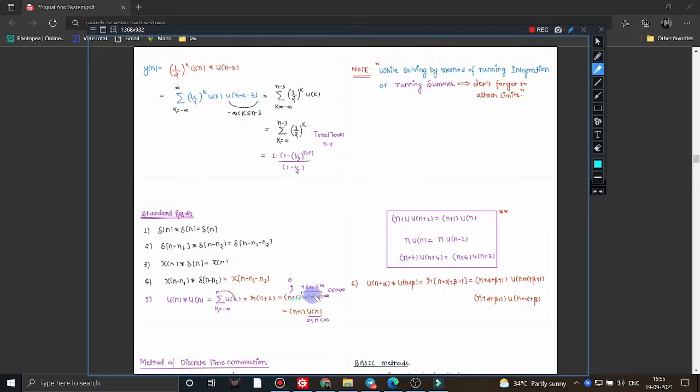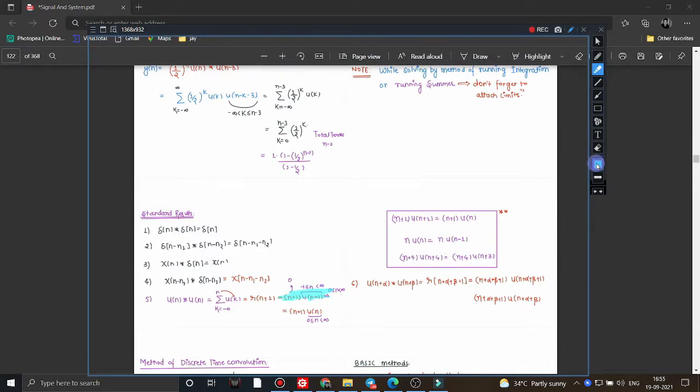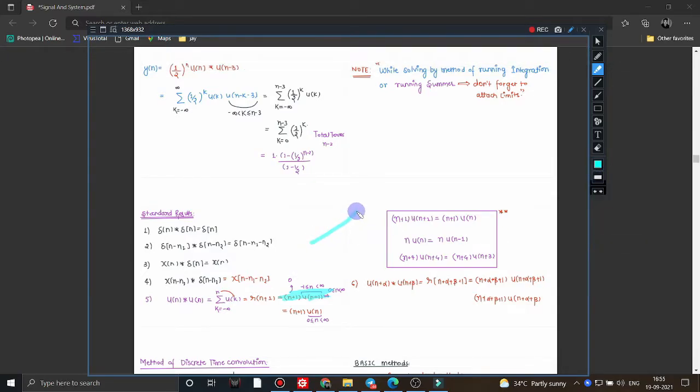So now this term here can also be written like this. In Hindi it is called: retain the outside n and subtract 1 from the inside n.